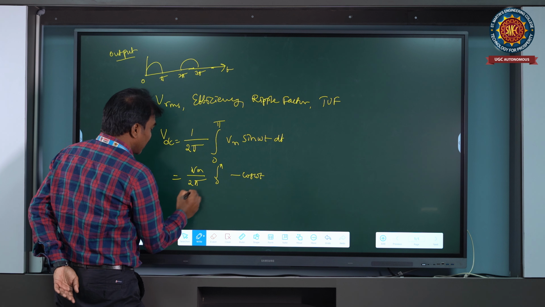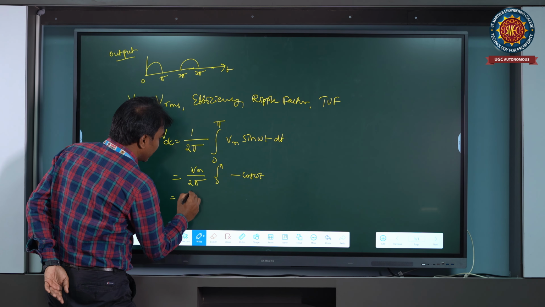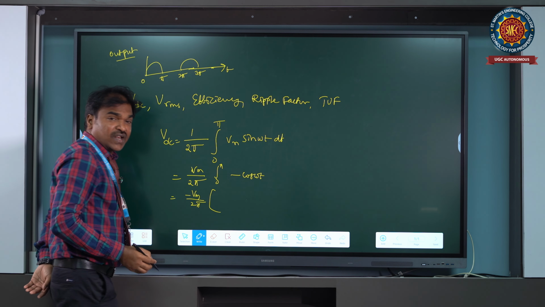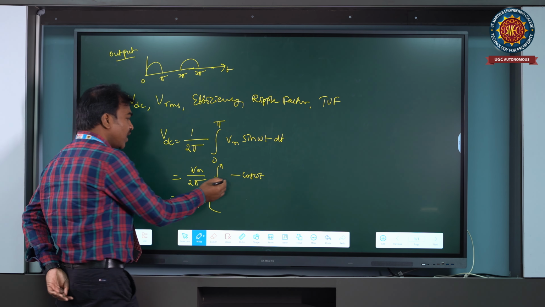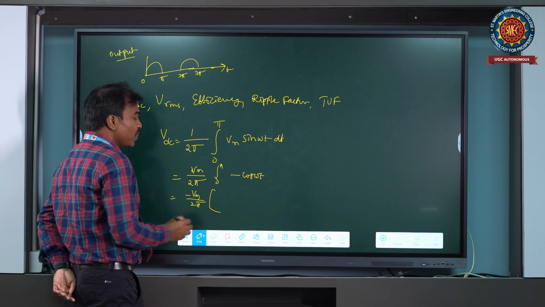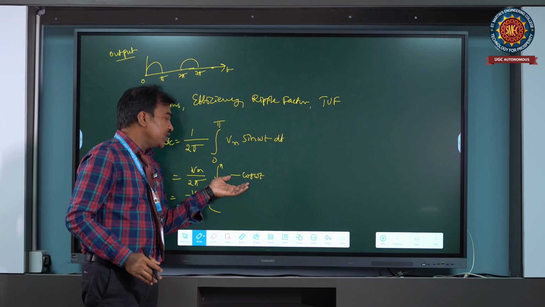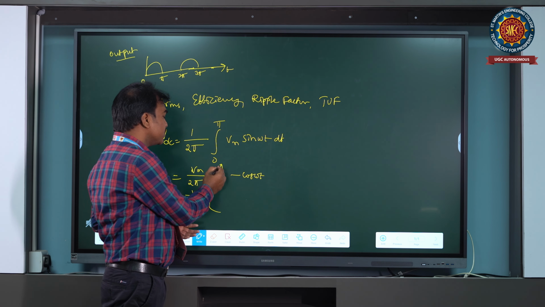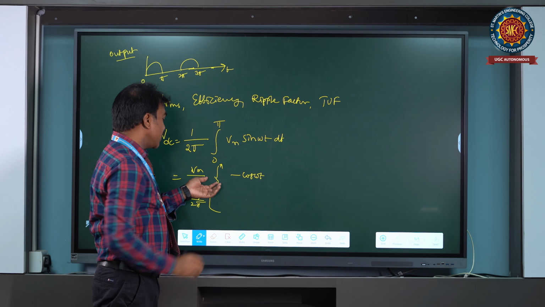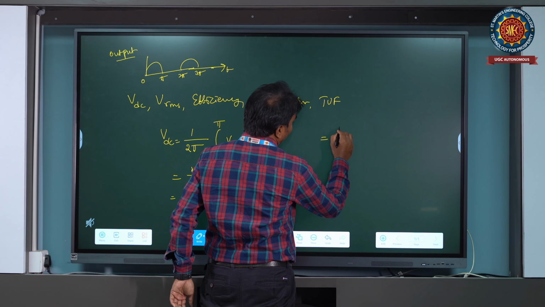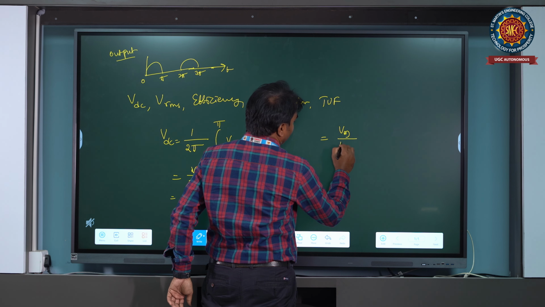So it equals minus Vm by 2 pi times cos omega t. What is the value of cos omega t? When we substitute pi and 0, the final answer is VDC equal to Vm by pi.